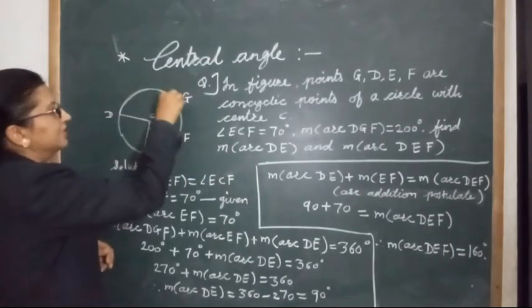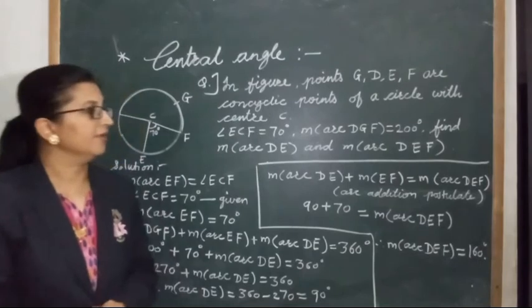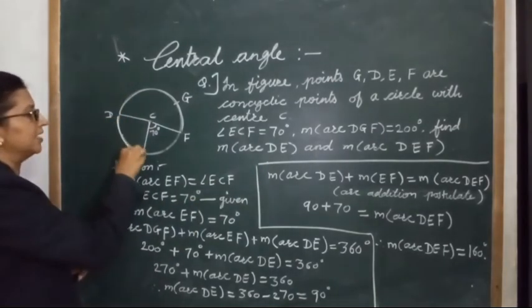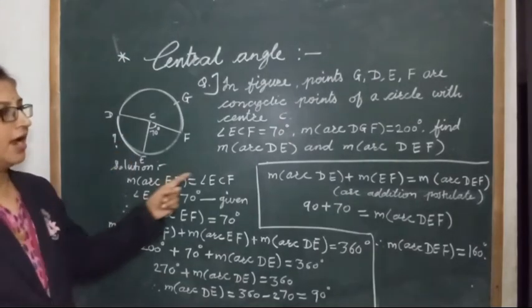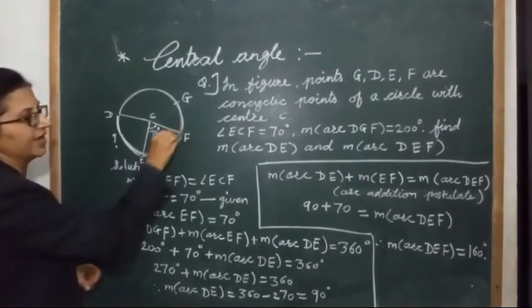This whole arc DGF is 200 degrees. Then we are asked to find the measure of arc DE. This arc we have to find, and arc DEF, this also we are asked to find.